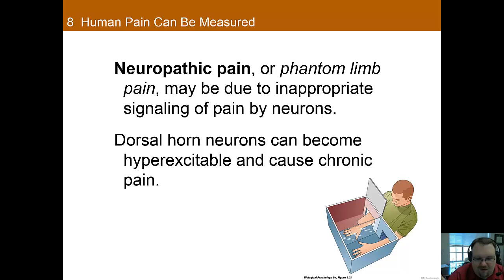Now, what's really cool is how this can be treated. Remember how we talked about earlier, how when you scrape your knee, sometimes you look down and you realize that it's not as bad as you thought it was, and that changes your perception of pain. Well, the same thing can actually be done here. You can have the person put both arms in a box, but you have a mirror blocking their vision of their amputated arm, and the mirror making it appear like they have two intact arms.